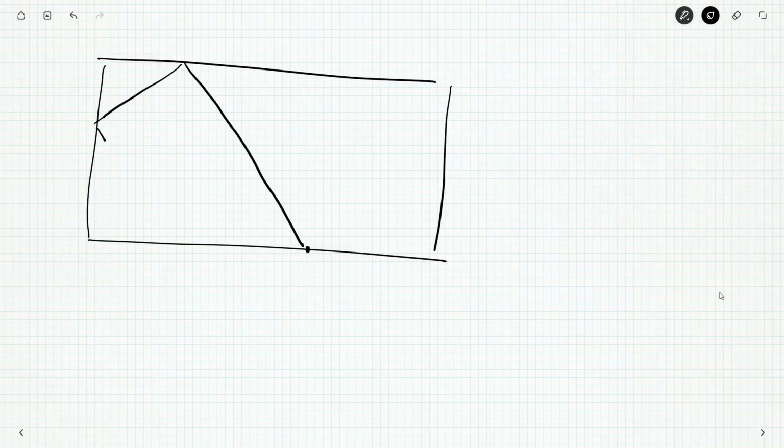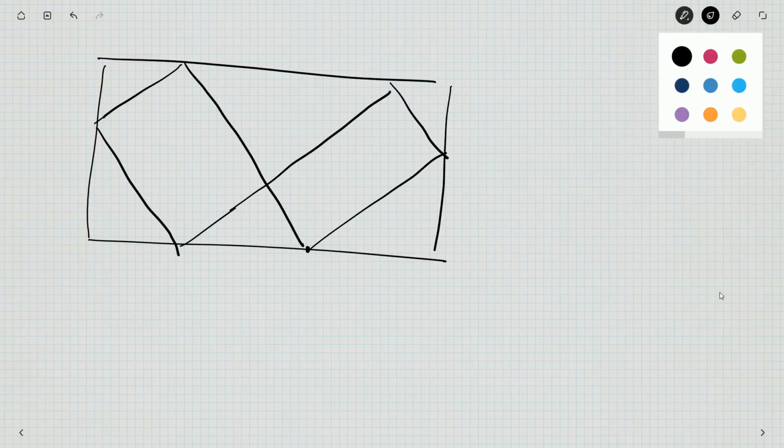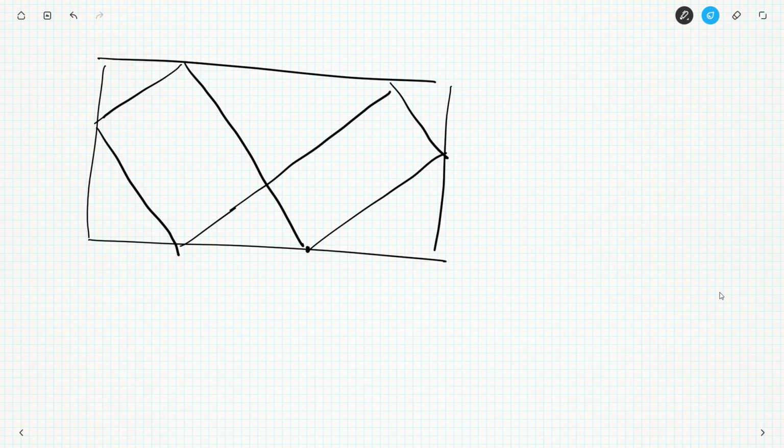Bounce, bounce, bounce, bounce, bounce, and then it's back. I'm going to use a blue dot so I don't have to keep writing 45. The angle at which it hits is 45, because angle of incidence equals angle of reflection. We're going to get a whole bunch of 45s.